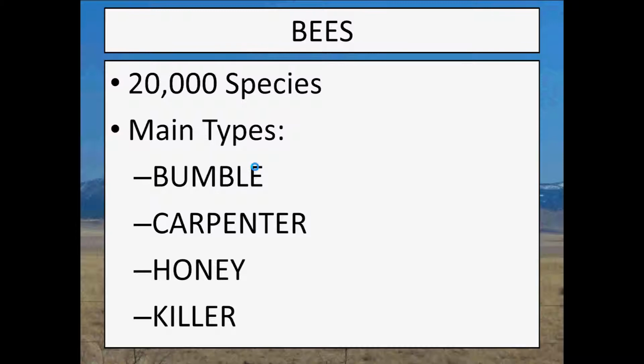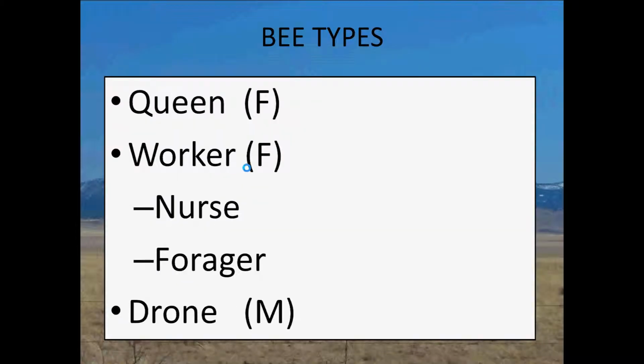But in this presentation, we're going to basically examine the issue in a very quick and not very detailed manner. So just to jump right in, there's about 20,000 different species of bees, but the four main types are the bumble, carpenter, honey, and killer bees. And the paper we wrote is focusing on the honey bees. And a colony is further differentiated in three types of bees.